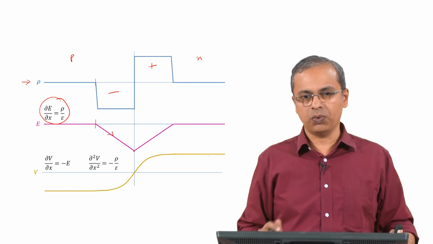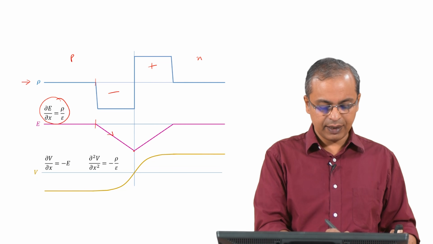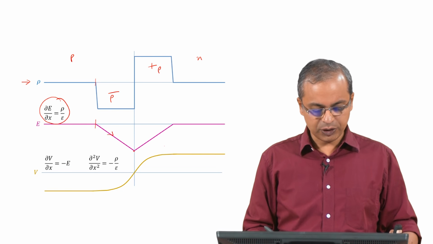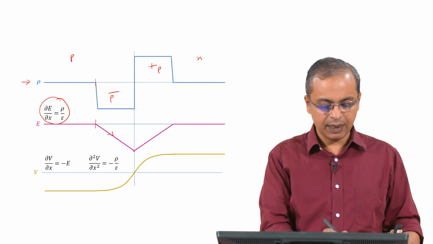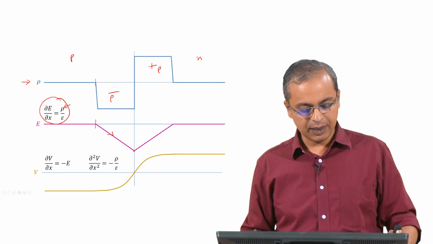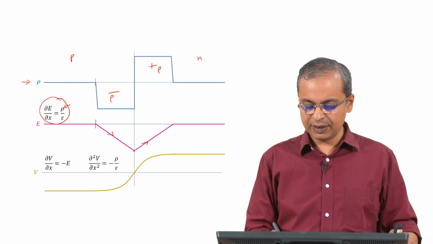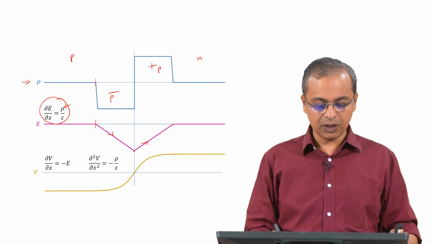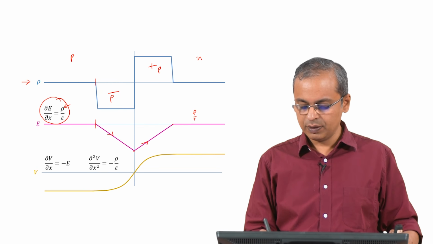Then the rho suddenly becomes positive here. So, negative rho becomes suddenly positive rho, and therefore, in your equation the slope is now suddenly positive, and from this lower value the slope keeps increasing, and then you arrive at this neutral value where again rho is 0, because once rho is 0, rho by epsilon becomes 0.